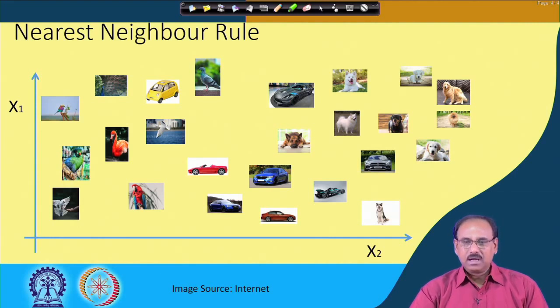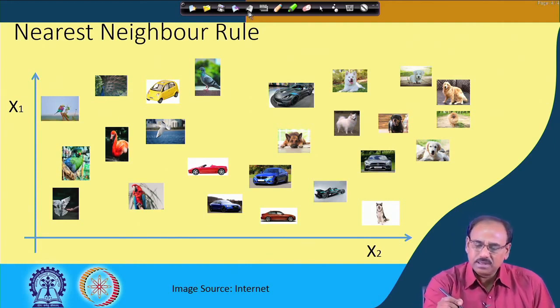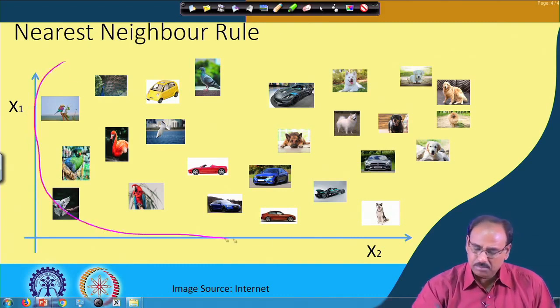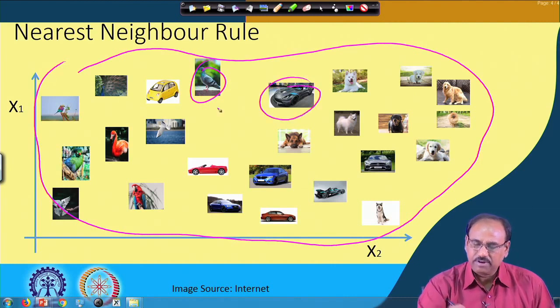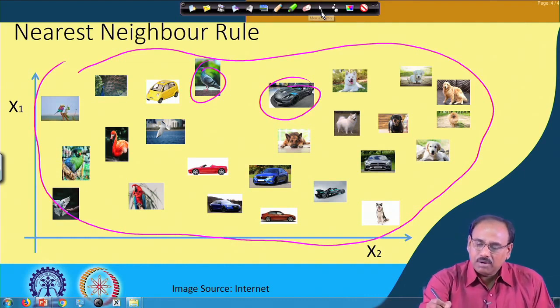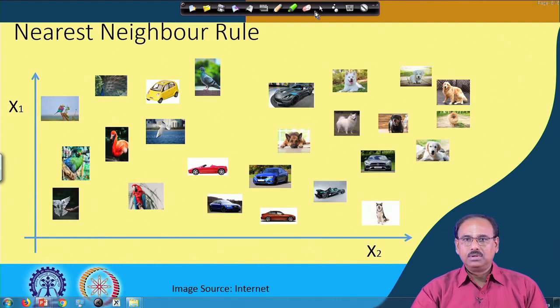So, I am projecting them into 2-dimensional space. Each of these images that you find in this particular plane are nothing but different vectors. So, this image is a vector, this image is a vector. I am simply projecting them into 2-dimensional space x 1, x 2, assuming that x 1, x 2 are the feature vectors. Now, given this, let us see what is a nearest neighbor rule.